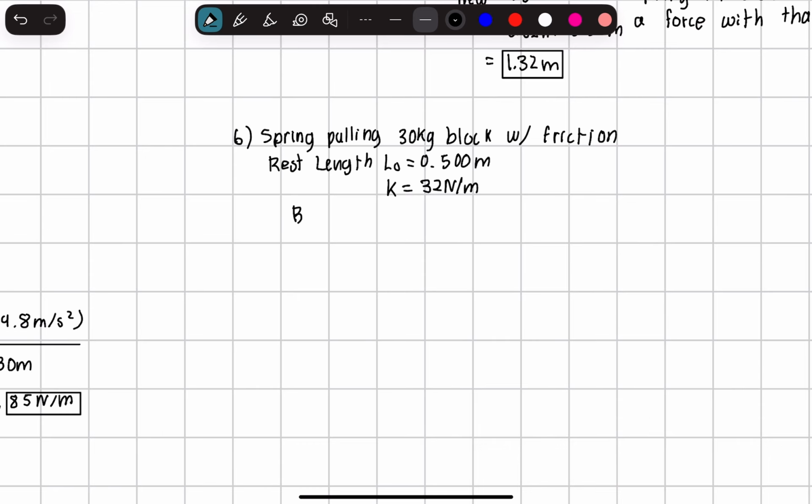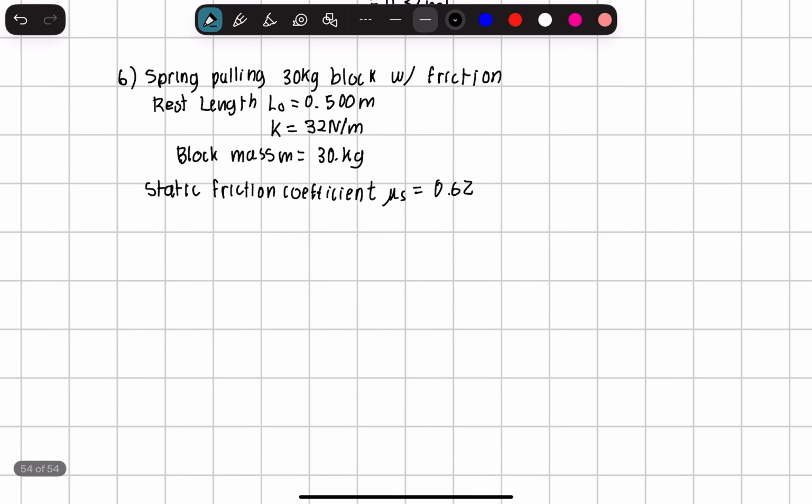And we know that the block's mass, M, is 30 kilograms. And you also know that the static friction coefficient is equal to 0.62.